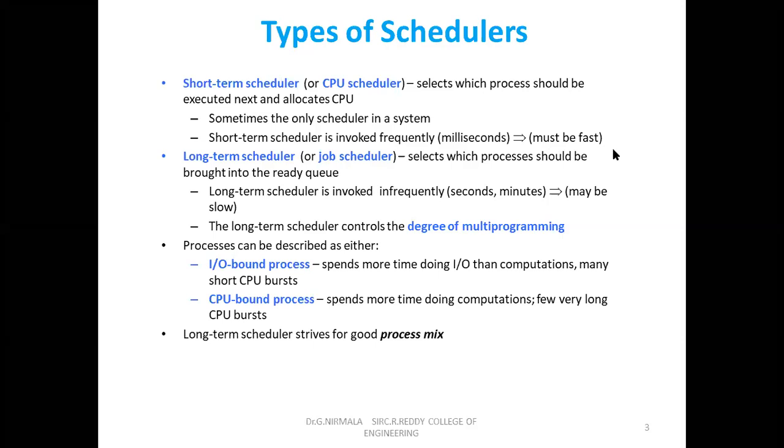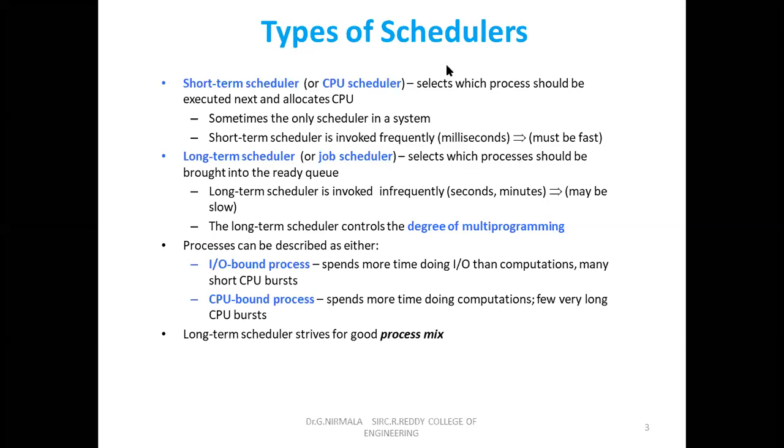It must be very fast because the ready queue is also in main memory. When the CPU is available, it will directly assign within a fraction of milliseconds. It will complete the assignment. That is called scheduling. Scheduling is the process of deciding which process is going to be executed next by the CPU.